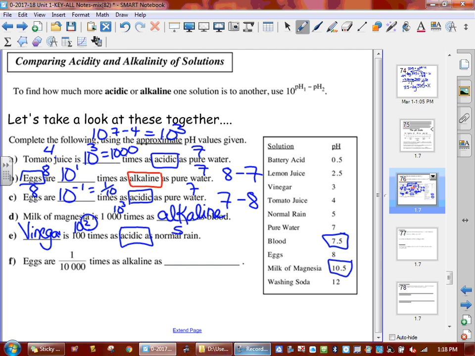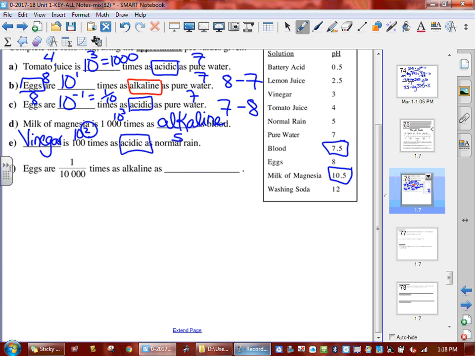Okay? The next one. We got eggs. They are 1 over 10,000. That means 1 over 10 to the 4, which was 10 to the negative 4. So we got a negative 4 as an answer. So what were we subtracting? So eggs are at a pH of 8. And I got a negative 4. And they're comparing alkalinity. So if I'm at 8 and I want something that's more alkaline, I'm looking down the scale at bigger numbers that are more alkaline.